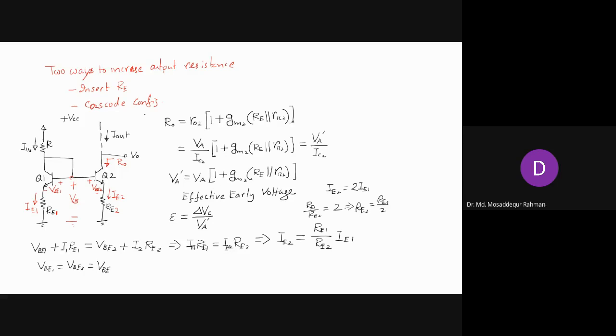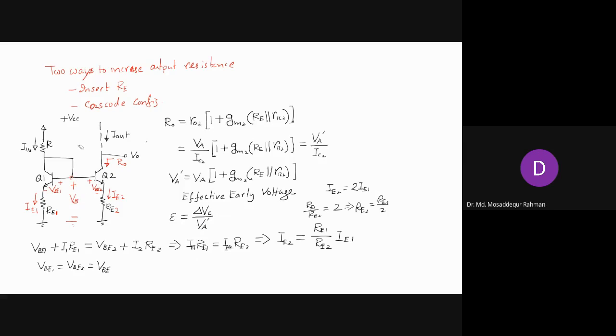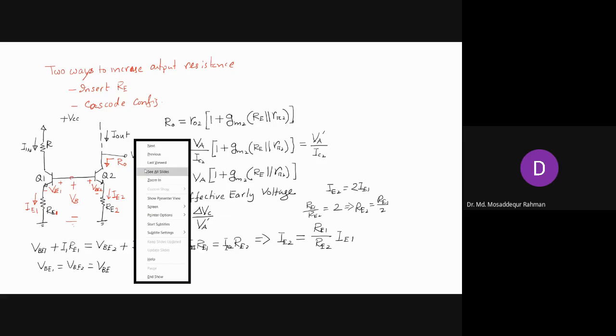Okay, before that, I would like to show one more thing here. We addressed this issue of output resistance in the current mirror circuit, and before that we discussed the finite beta and how to reduce that error. Now we can combine these two techniques for finite beta and finite output resistance in one circuit.